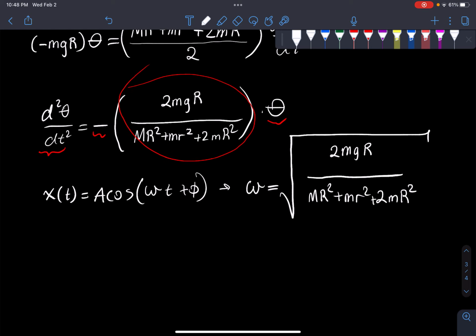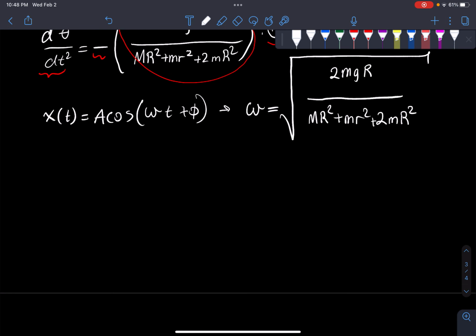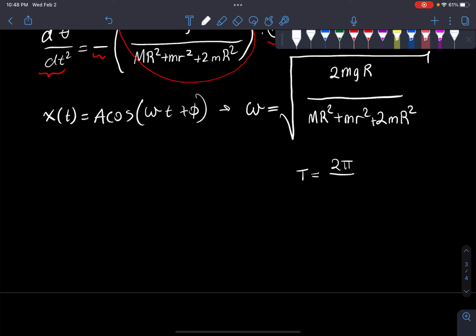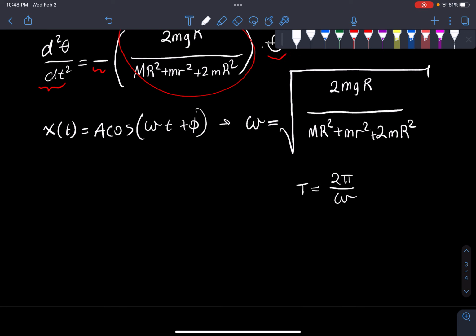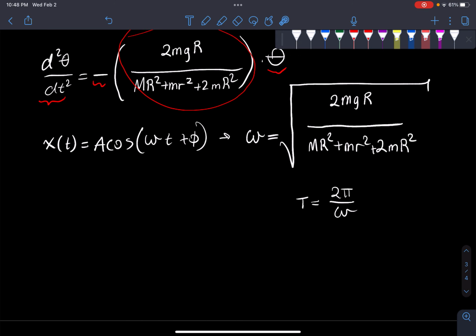Okay, now the period is 2 pi over omega. All we need to do is multiply by 2 pi and reciprocate the fraction inside, since omega is in the denominator, so we just flip the fraction.